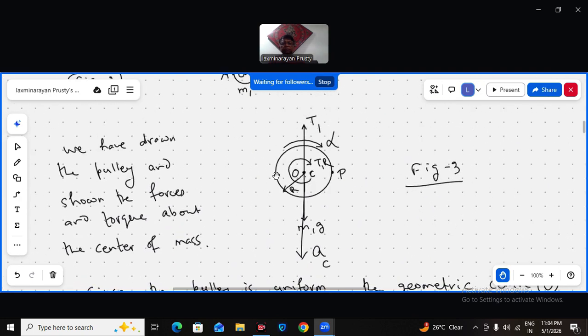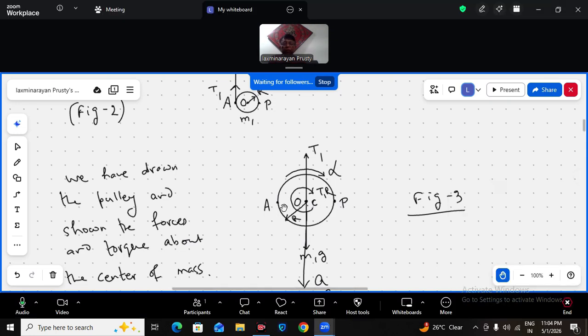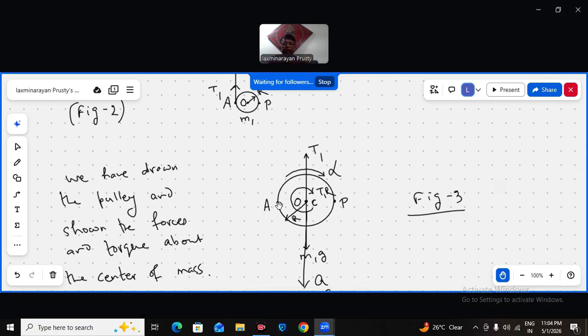Just see here, this is the point A. See the above diagram. With respect to A, C is rolling without slipping along the string. So acceleration of C with respect to A is alpha R, and acceleration of P with respect to C is also alpha R downward.